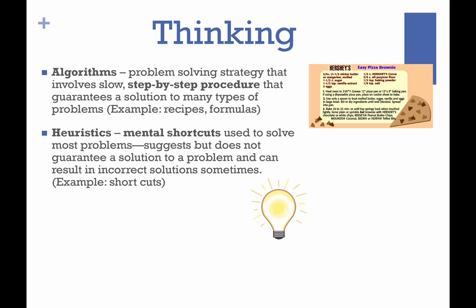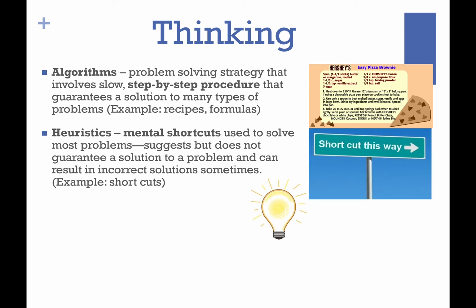A heuristic, on the other hand, is going to be something that you use some judgment on, that you're going to make more of a shortcut, if you will. So you don't have the time and energy, nor do you have a procedure for every single thing. If you're like, I don't know whether or not to turn left or to turn right here, you don't have a procedure of making the decision on which direction to turn.